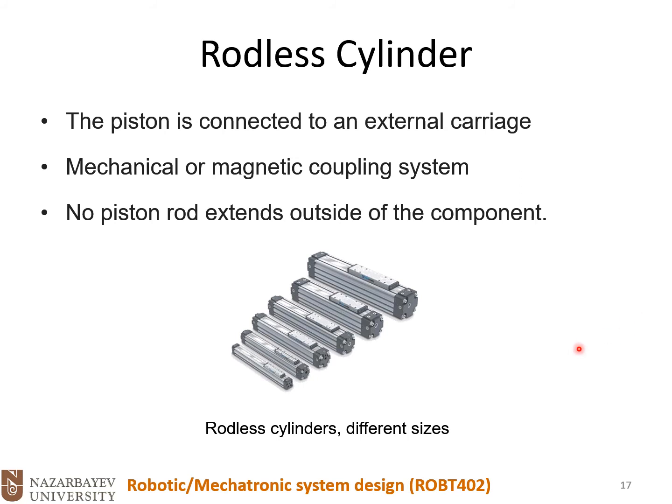Other types of pneumatic linear actuators are rodless cylinders. In these cases, as is clear from the name, we don't have any rod. The piston is connected to an external carriage by a mechanical or magnetic coupling system, which we will see in a coming slide.